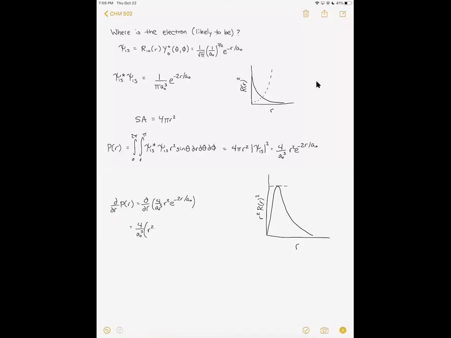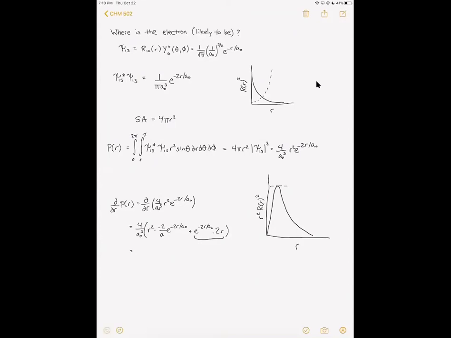So we have r squared times the derivative here, which is minus 2 over a naught e to the minus 2r over a naught, and then plus e to the minus 2r over a naught times 2r. Here we're going to be able to factor out this whole term, so we can factor out 2r e to the minus 2r over a naught. We'll factor that out.